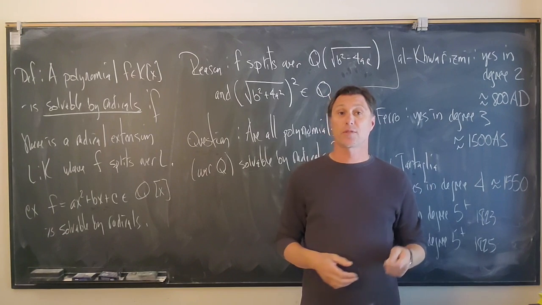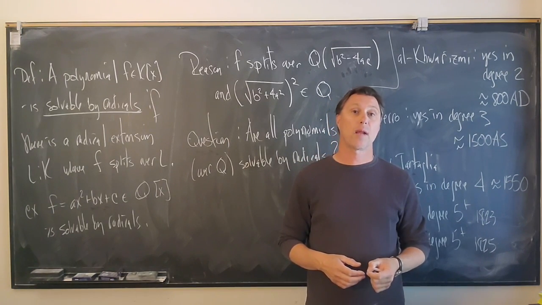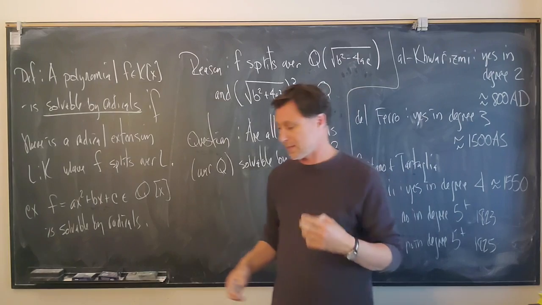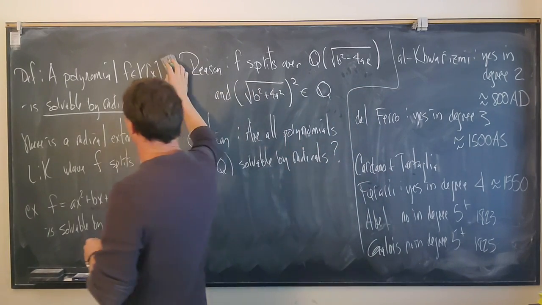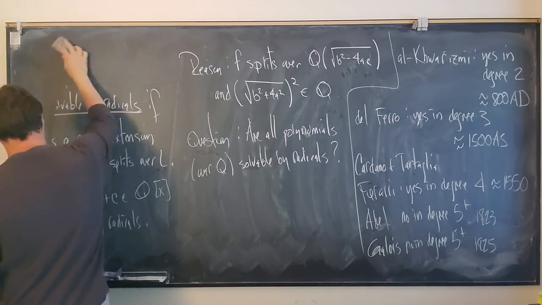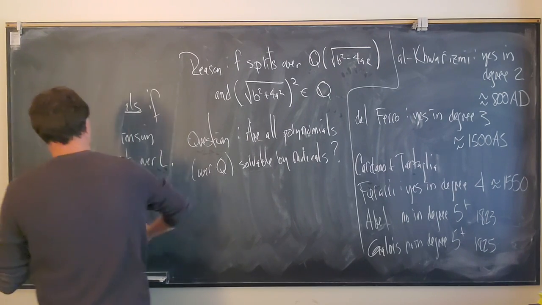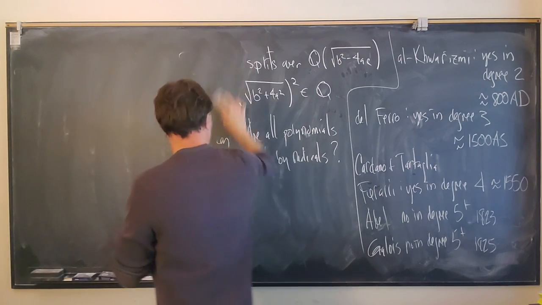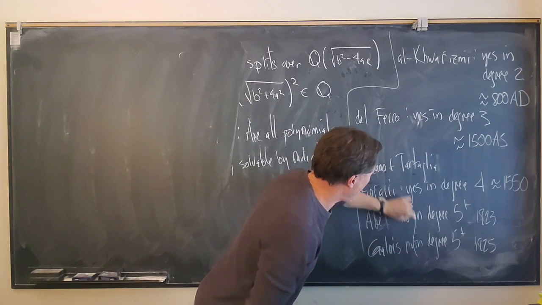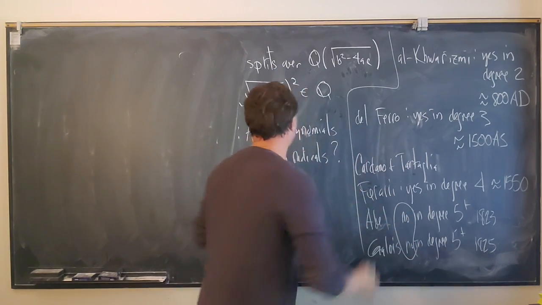There are polynomials of degree 5 that are solvable by radicals, but not all of them are. There exist polynomials that are not. Okay, so that's where our journey is taking us now. We want to see why the answer is no.